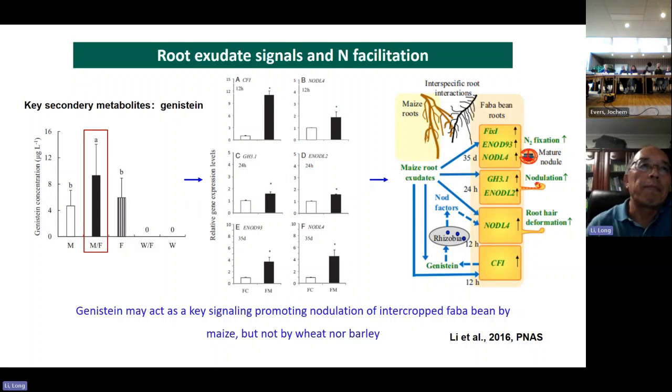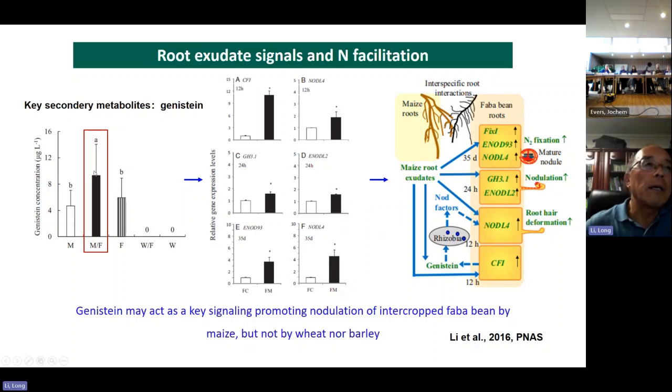What are the key components of the root exudates of maize influencing the processes? We did a lot of experiments, I think several years of exploration. Finally we found genistein, a kind of flavonoid, may act as a key signal promoting nodulation of intercropping faba bean by maize, but not by wheat or barley.